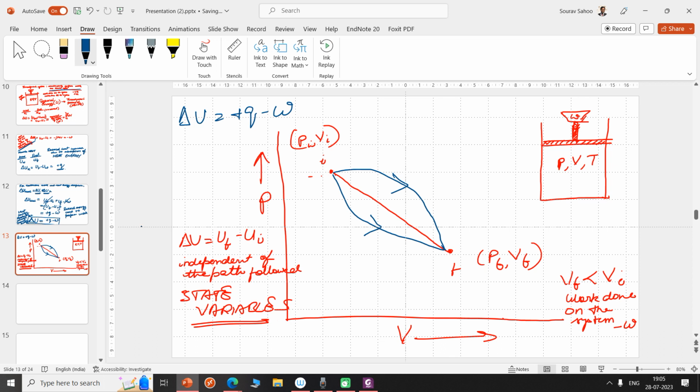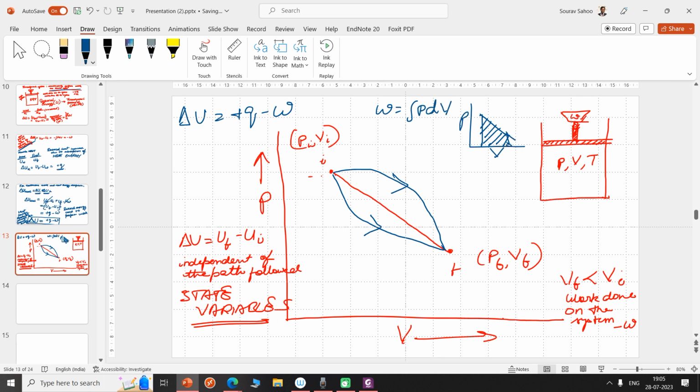So in this PV diagram, if I take the area, the integration of P delta V will give me the work done for a constant pressure.